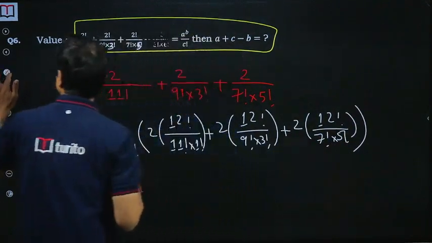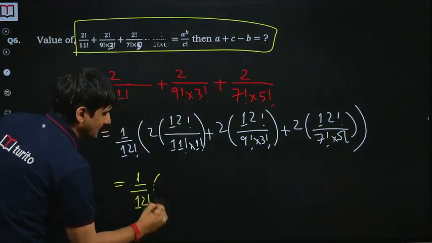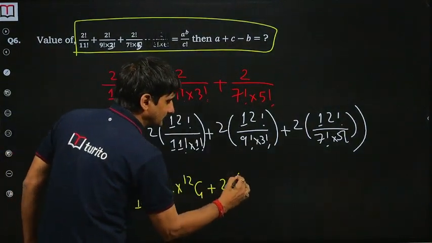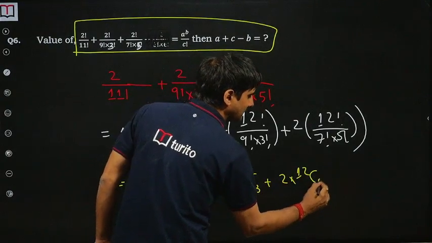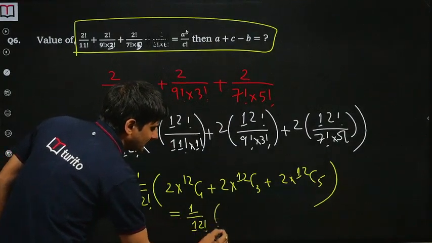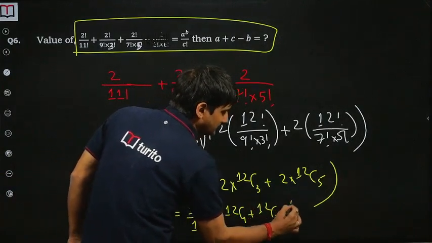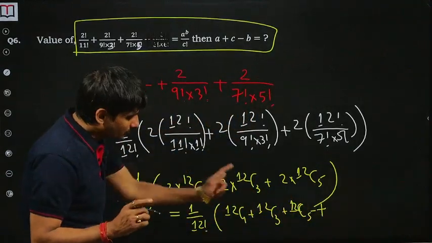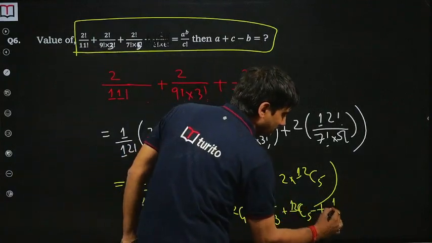Okay, now see, what will I write here? 1 by 12 factorial, 2 into 12C1 plus 2 into 12C3 plus 2 into 12C5. Now, can I write it as 12C1 plus 12C3 plus 12C5 plus 2 into 12C5? We know nCr is equal to nC(n minus r), so 12C7.